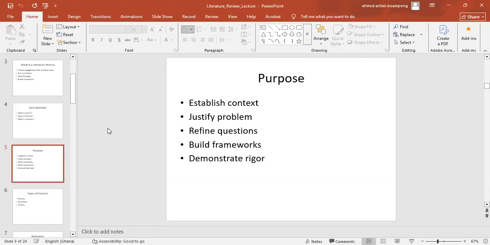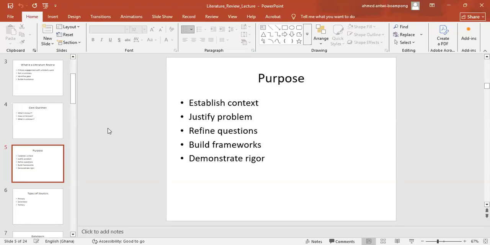Thirdly, it helps to refine what? Your research questions. All right? With the literature that you have read and the gap that you have identified, it would help you to generate your questions.